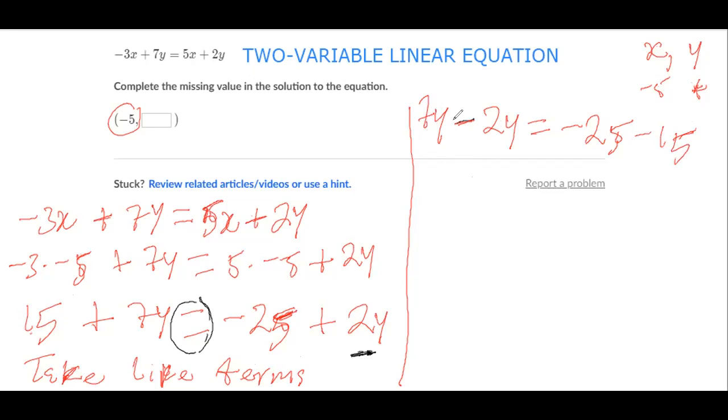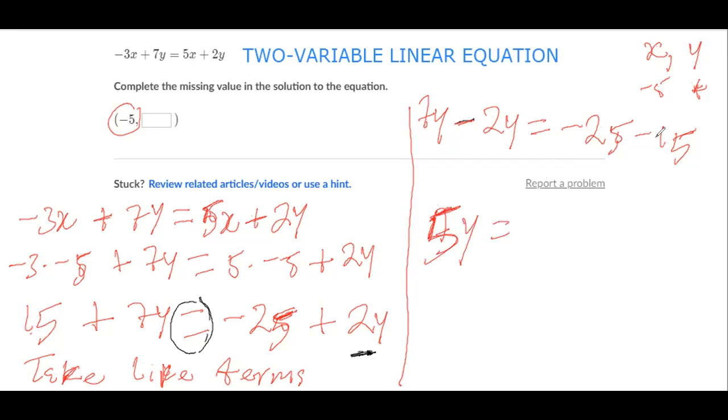Plus 7y minus 2y will give us 5y, positive. So 5y equals minus 25 minus 15, which is going to be minus 40.